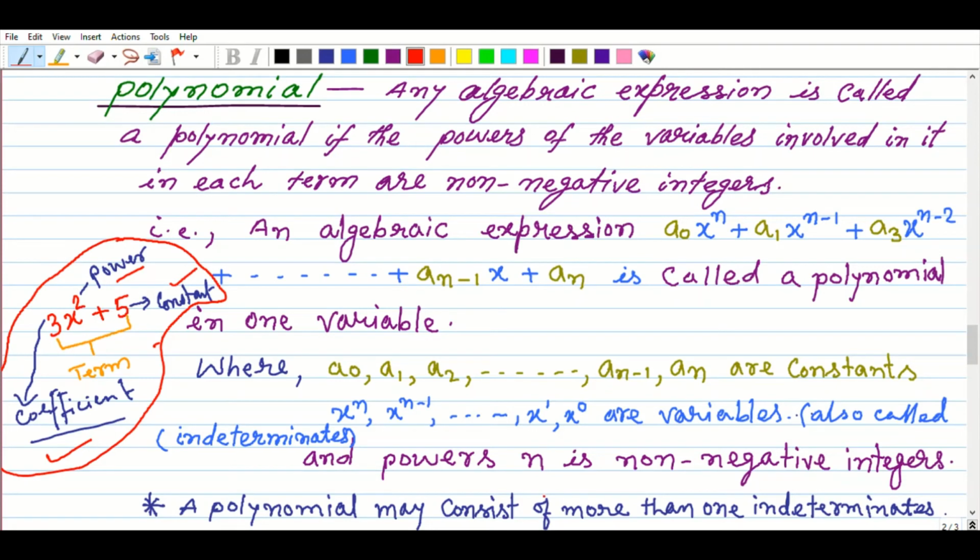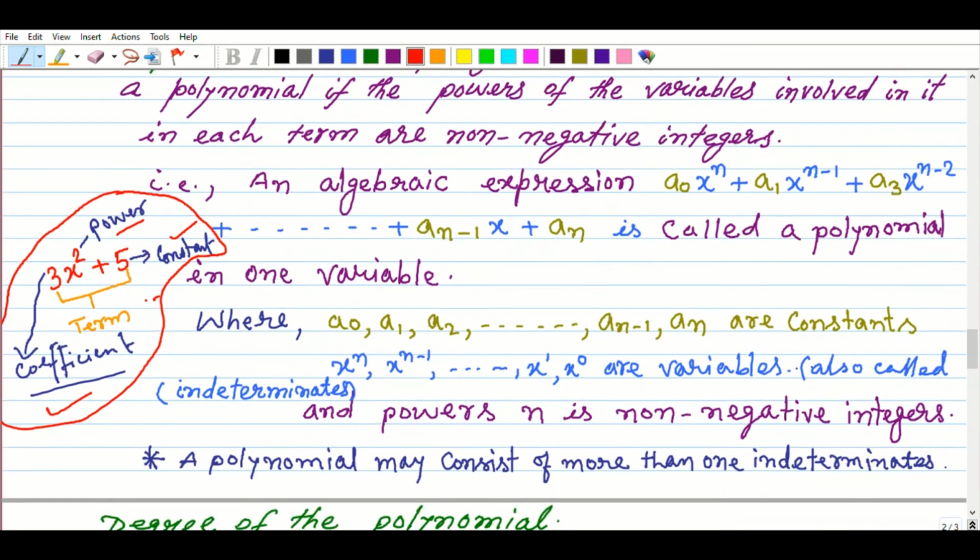In short, we can say that a polynomial may consist of more than one indeterminate. More than one indeterminate means x, y, z, that is variables, literals, right?